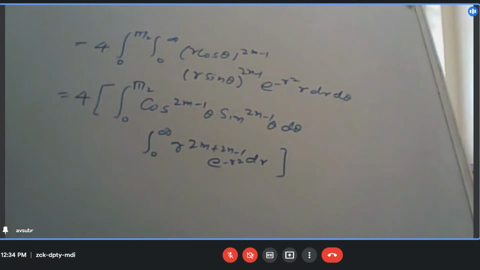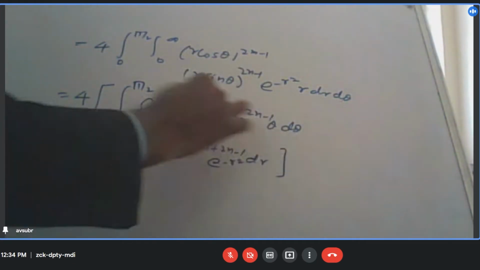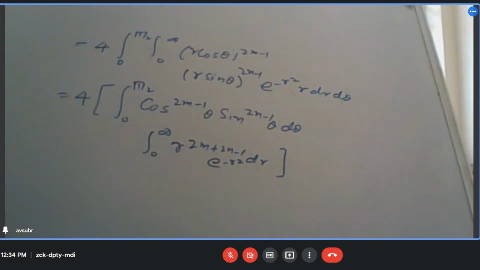This particular integral only depends on theta and this particular integral only depends on r. Okay?